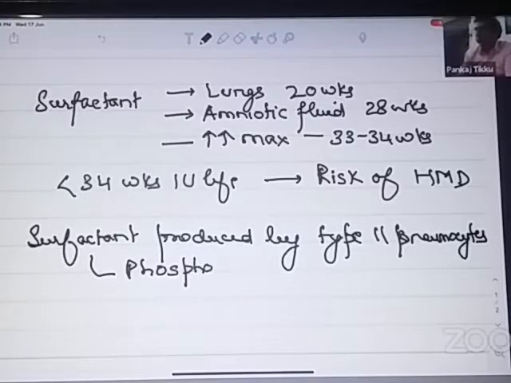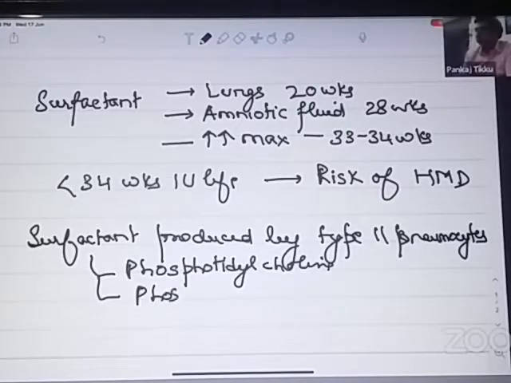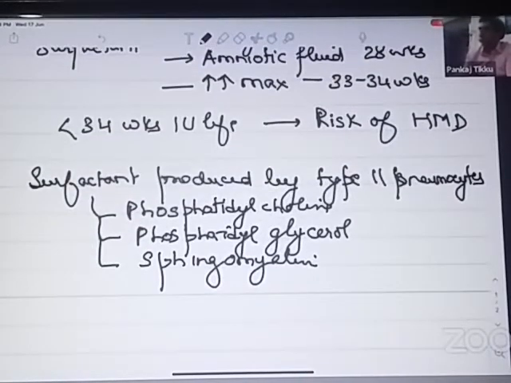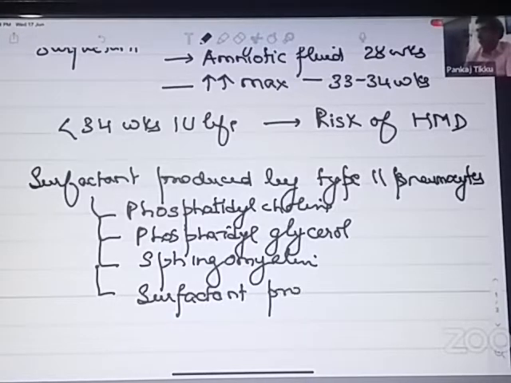So it is made up of phosphatidylcholine, phosphatidylglycerol, sphingomyelin, and then surfactant proteins, which are subtype A, subtype B, and subtype C.